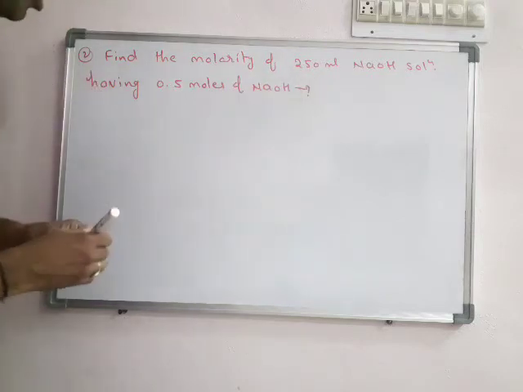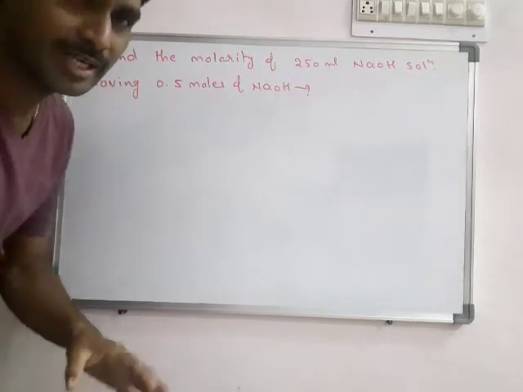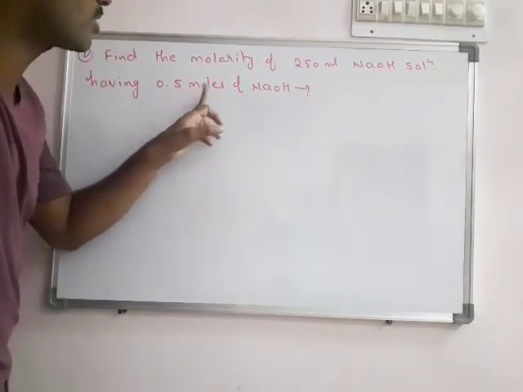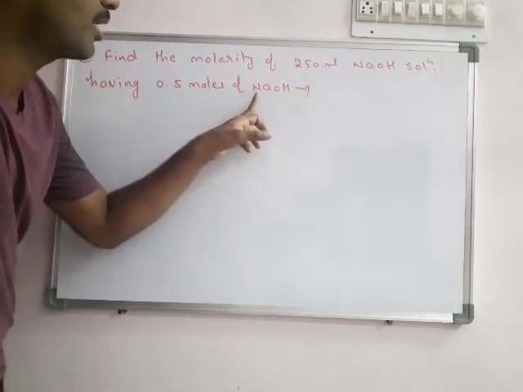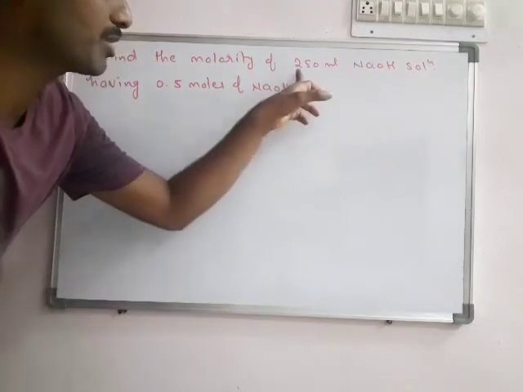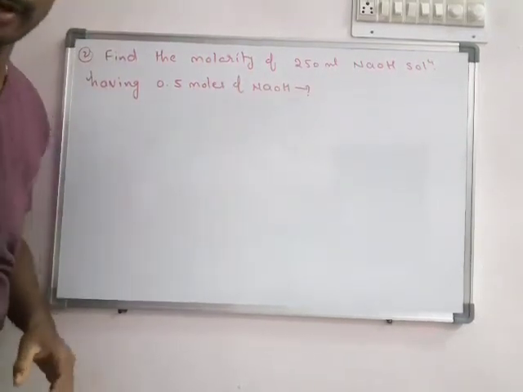Here the amount is given in terms of moles. So 0.5 moles of sodium hydroxide is dissolved in water, and the final solution becomes 250 milliliter. We need to find the molarity.